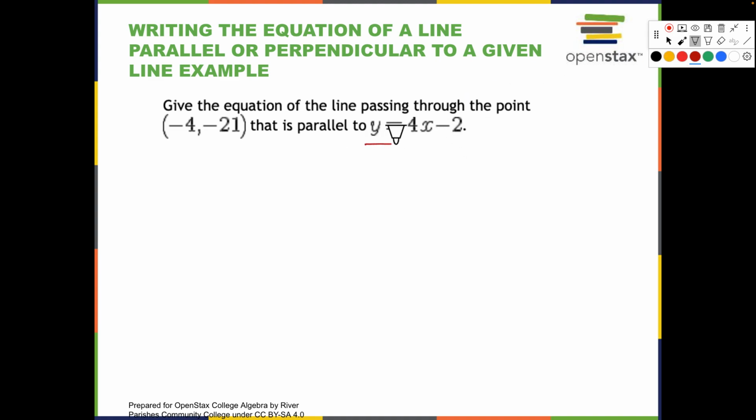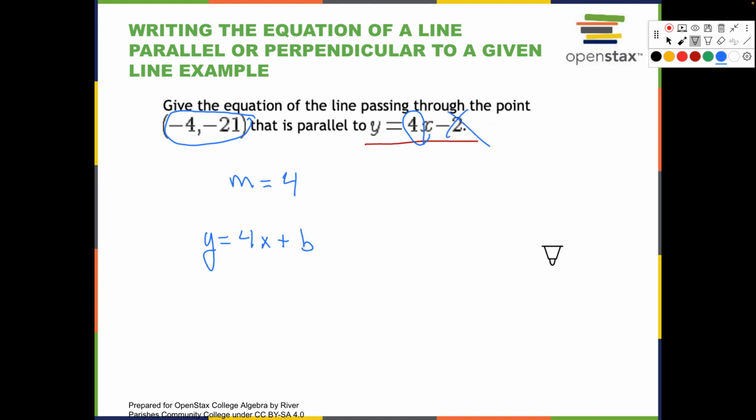So from the first line, what do we take? Since we know they're parallel, we know that the slopes will be the same. So all we know right now is that we have a slope of 4, and we're going through this point -4, -21. So we know that our new line is going to be y equals 4x plus some y-intercept.